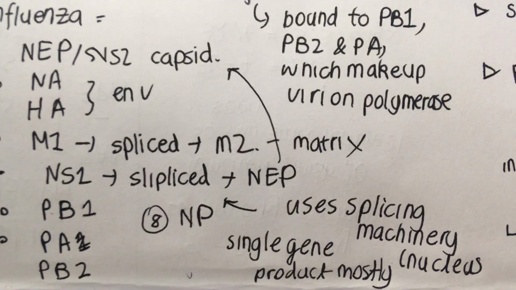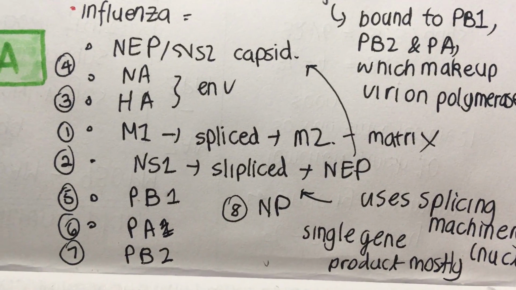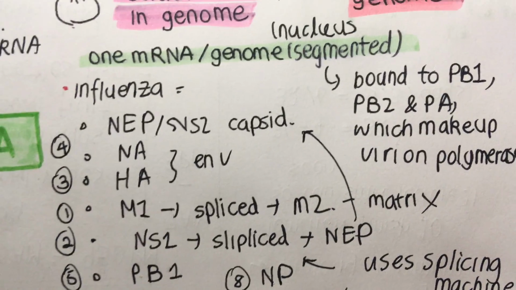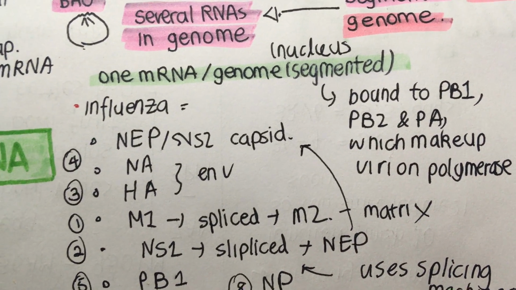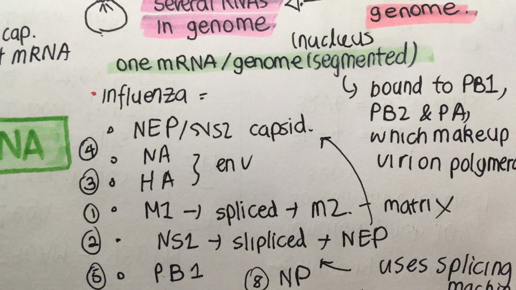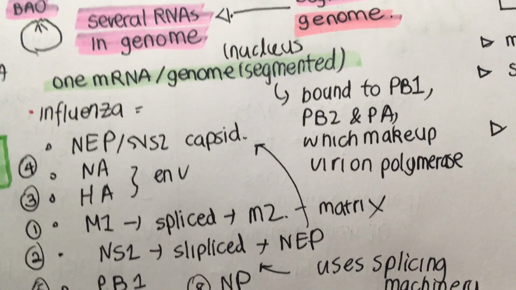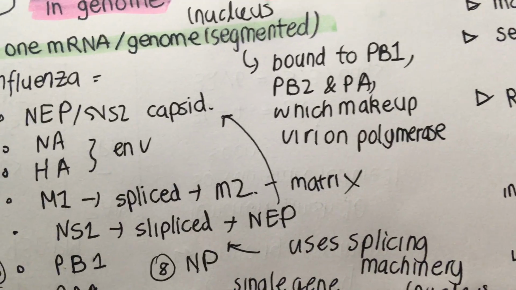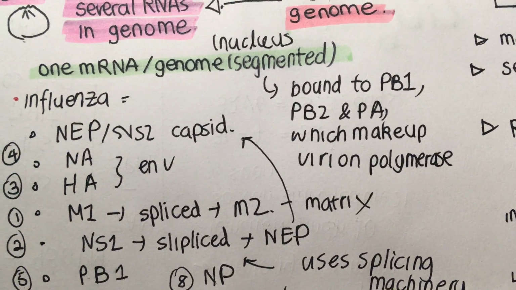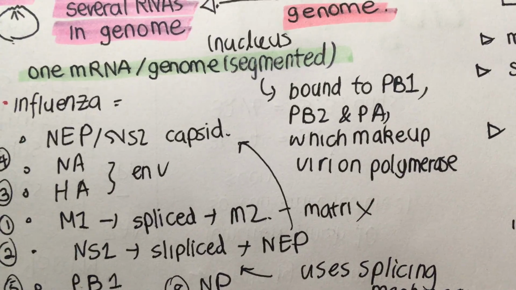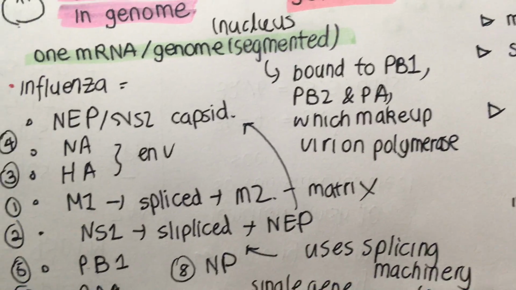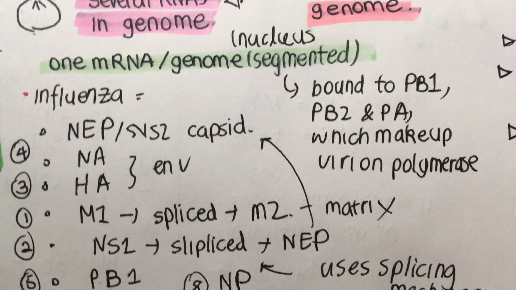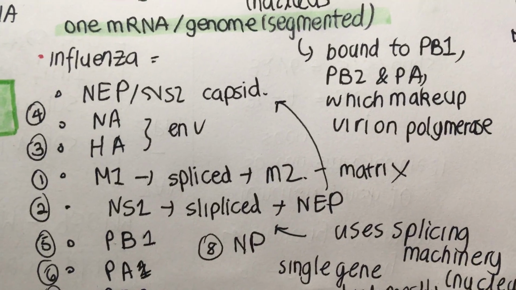Now, of these 8+ different proteins synthesized, we need to remember PB1, PB2, and PA, because these proteins come together to form the influenza RNA-dependent RNA polymerase, or the ribonucleoprotein complex. And this is assembled and organized in the nucleus.